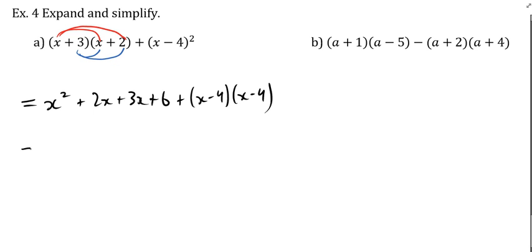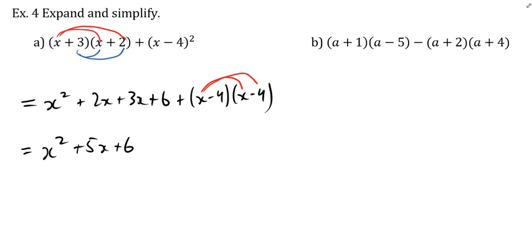Okay, so next line, I'll do a little bit of work with those first 4 terms, because why not? So that ends up being x squared, 2 plus 3 is 5. And then I'm going to do the same thing here. So x times x and x times negative 4, and negative 4 times x and negative 4 times negative 4. So I get plus x squared minus 4x minus 4x.